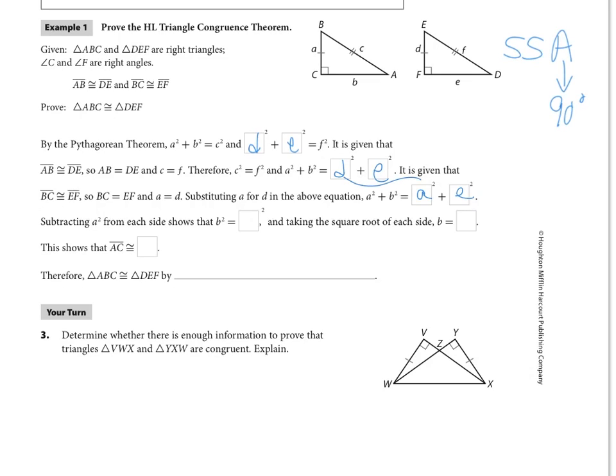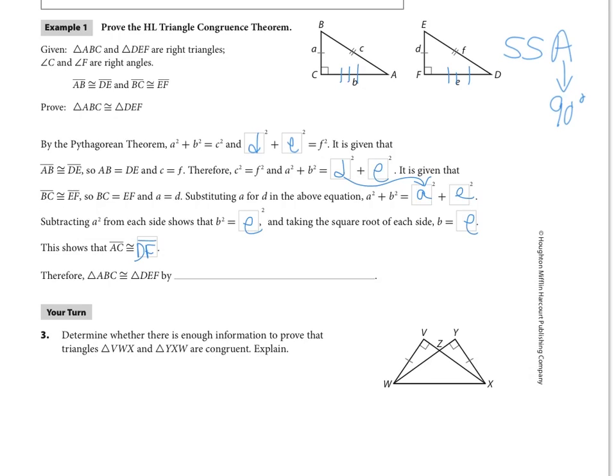Then if we subtract a squared from each side, that shows that b squared equals e squared, and taking the square root of each side, b equals e. So what we can prove is that the third pair of corresponding sides are also congruent, or AC is congruent to DF.